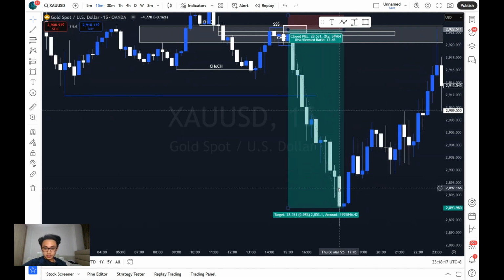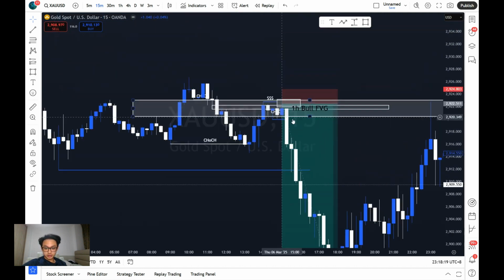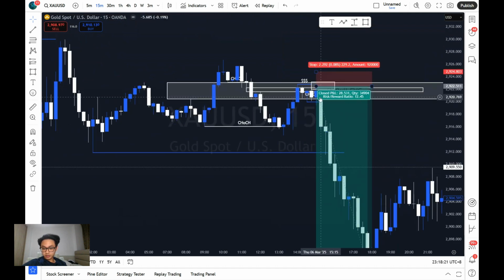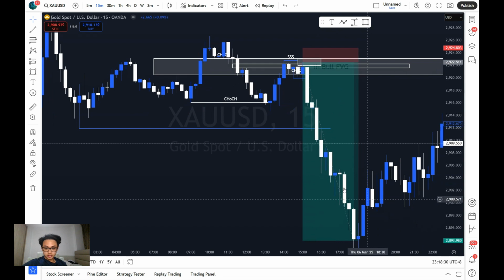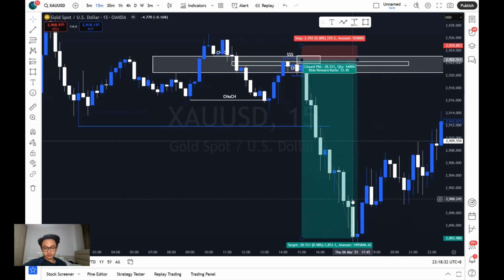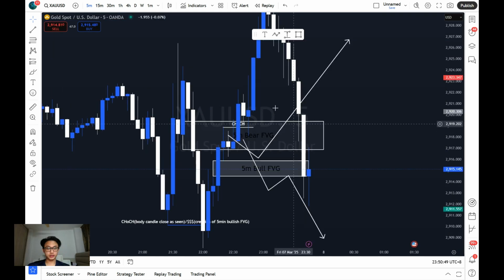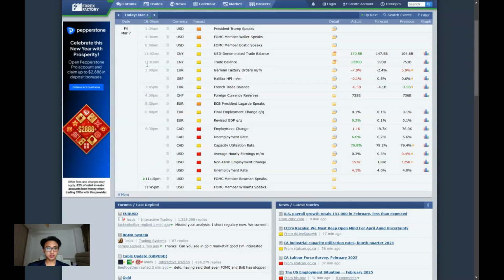So yeah, the thing is, right, even before the New York session started, price dumped down all the way during the London session. Yeah. For the next analysis, there was NFP at 9:30, and price was worse than previous.